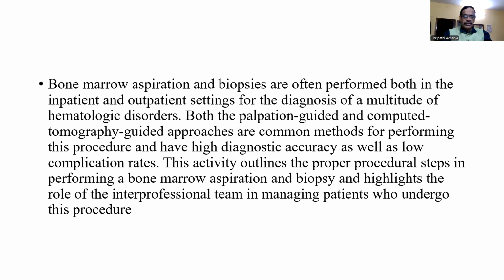Both the palpation guided and computed tomography guided approaches are common methods for performing this procedure and have high diagnostic accuracy as well as low complication rates. This activity outlines the proper procedural steps in performing a bone marrow aspiration and biopsy and highlights the role of the interprofessional team in managing patients who undergo this procedure.